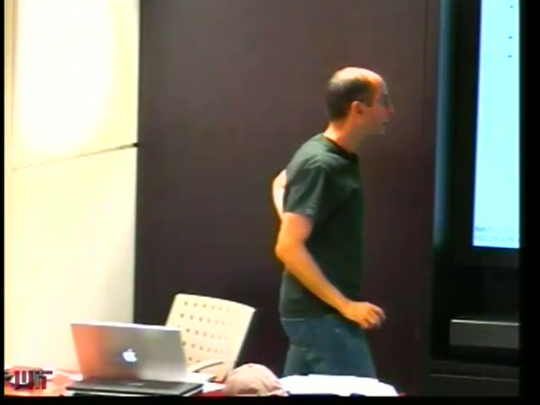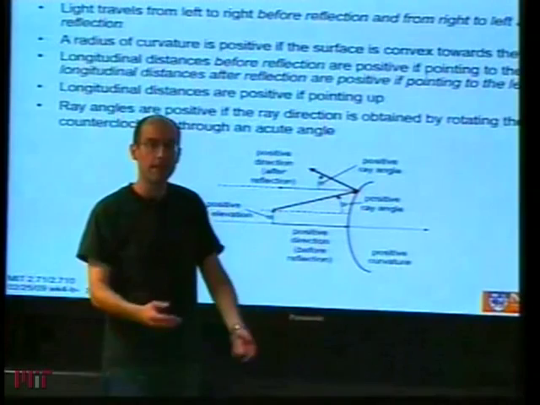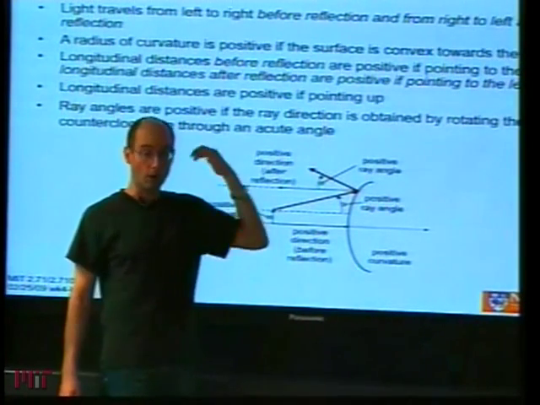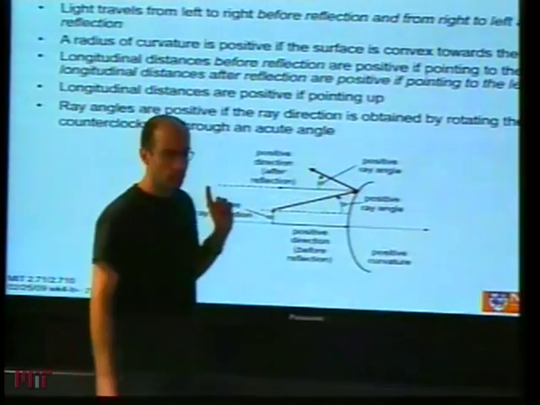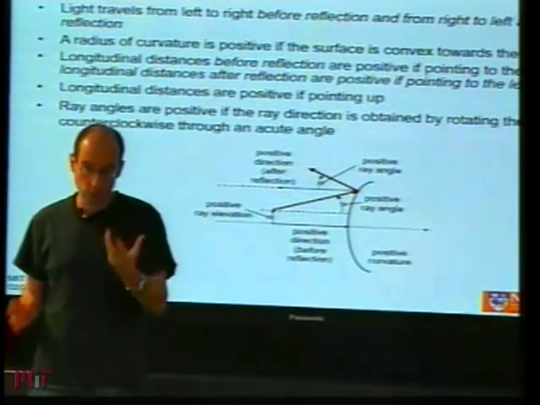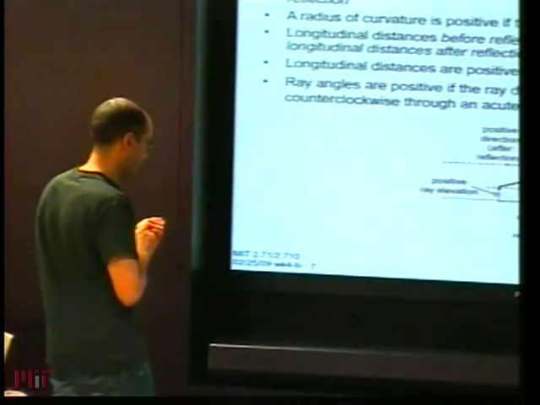Let me talk a little bit about mirrors now. For mirrors, we have a set of sign conventions that is a little bit modified with respect to the sign conventions for refraction. The reason, of course, is that when you have a reflective surface, the rays will fold and start going from the right to the left. Because of that, we really have to modify our sign conventions.